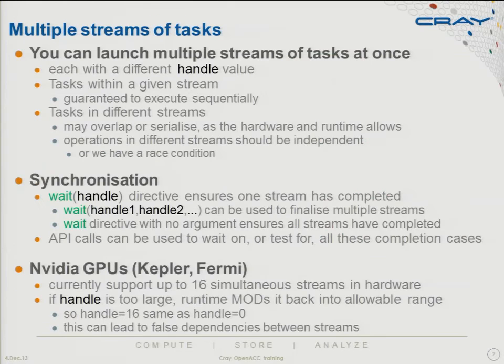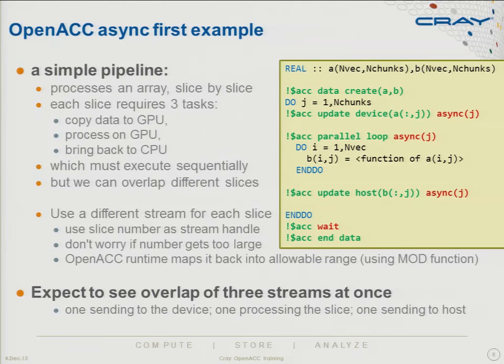And then you can wait. You can wait for a particular stream of tasks to finish, or you can wait for all the streams to complete. So here's a really simple example. I've got an array, and this array is basically a set of chunks, and I'm going to process it 1 chunk at a time.